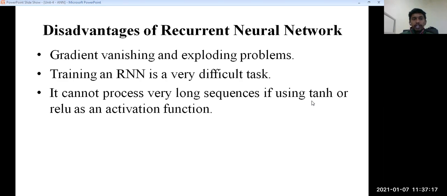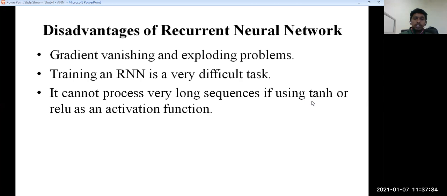Training recurrent networks is a very difficult task because it needs to remember the data in its hidden layer. Training is a very important step at this phase. If you are not providing proper training, that may lead to wrong outputs.